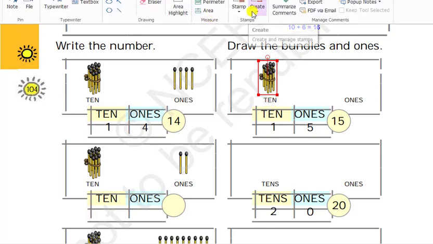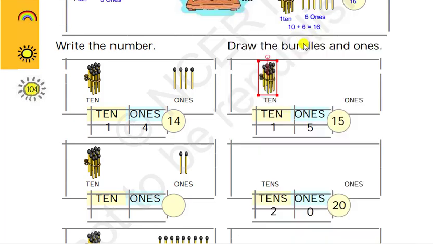Let us quickly do that. So this is 1 ten and 5 ones. In total it is 15.